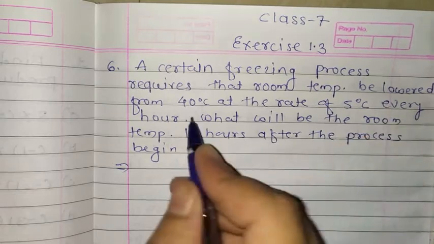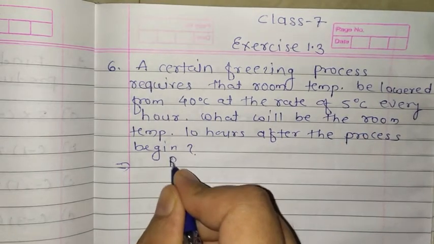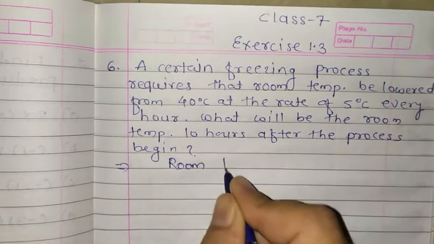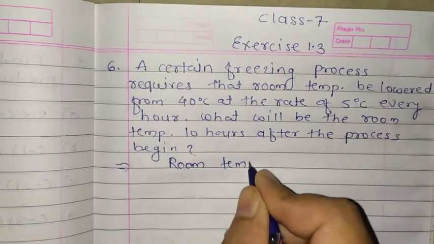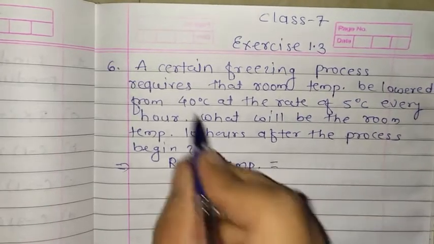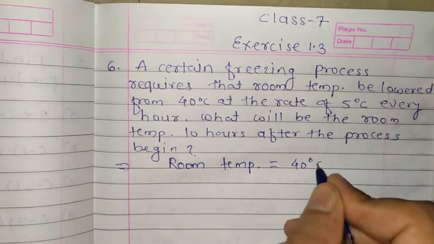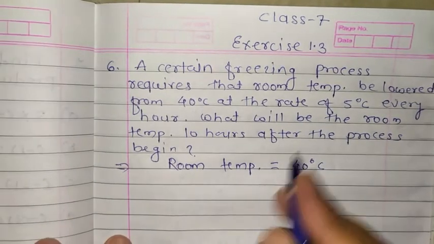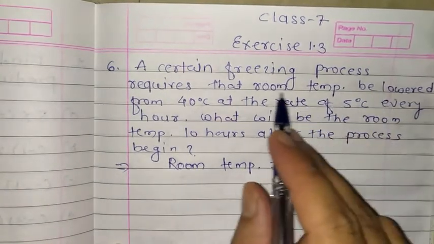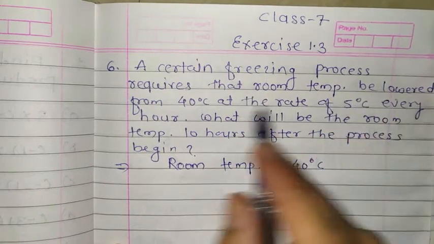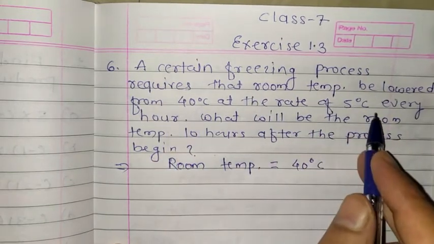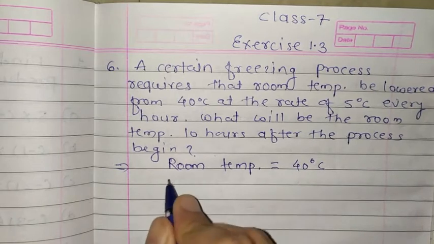So room temperature, you can write here room temperature. So what is the room temperature? 40 degree Celsius. And then they have given that the room temperature will be lowered at the rate of 5 degrees Celsius every hour.